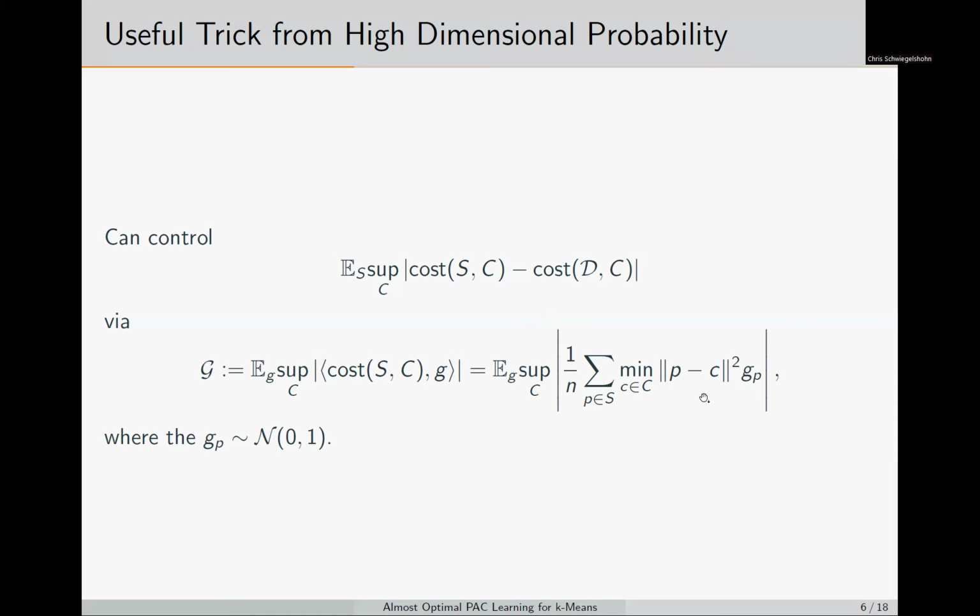If we take the inner product of the cost of all of the points in the sample with a Gaussian vector, which is just standard Gaussian variables, it allows us to study the concentration of this random process around 0. So instead of looking at concentration around the expectation, we're now looking at the concentration around 0. We do this by multiplying all of the random variables with associated Gaussians. This here is known as the Gaussian complexity. You can also use Rademachers instead. There are numerous technical reasons for doing this as well, but it will also simplify the presentation somewhat.